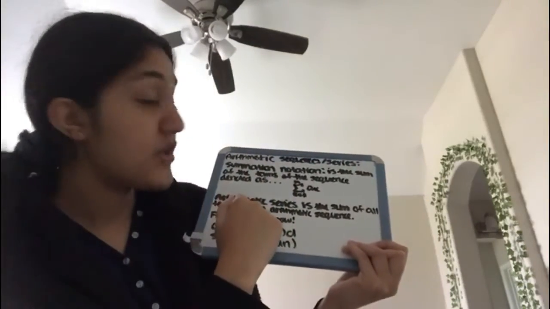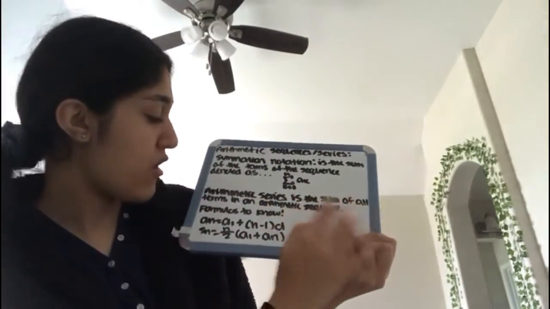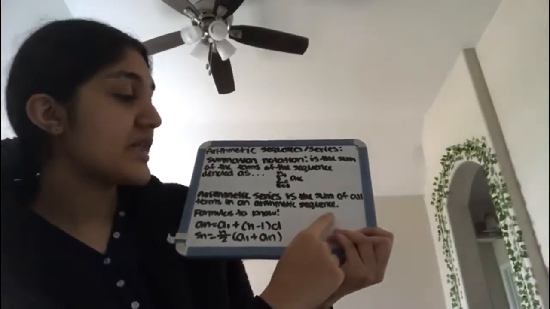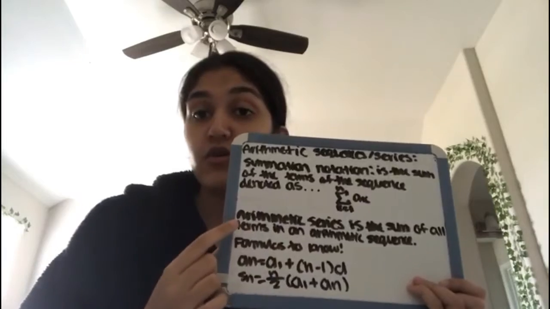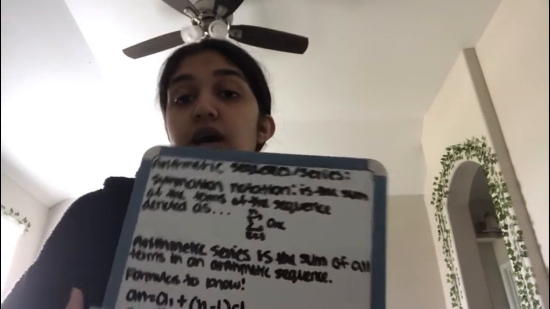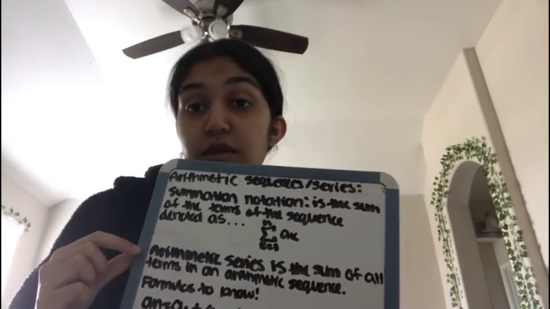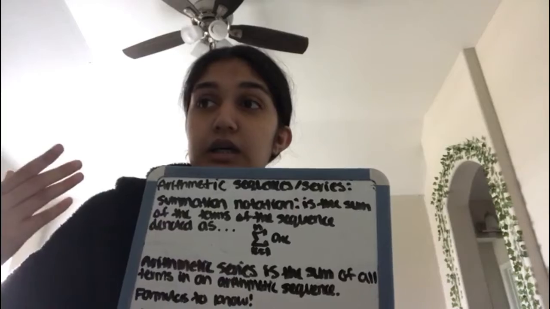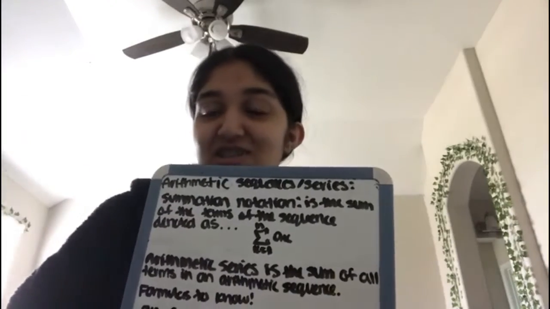The arithmetic series is the sum of all terms in an arithmetic sequence. So this is what we're going to be talking about, the arithmetic series. There's also another one called geometric sequences or series, and this is way different from arithmetic. Arithmetic is mostly addition and subtraction, but geometric is mostly division, fractions, all of that.